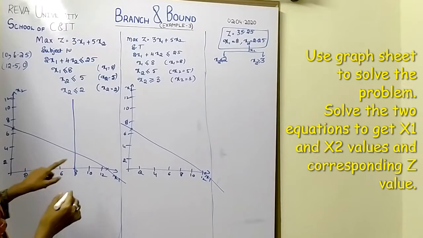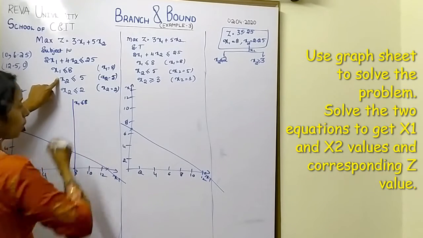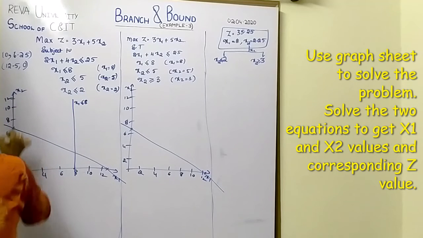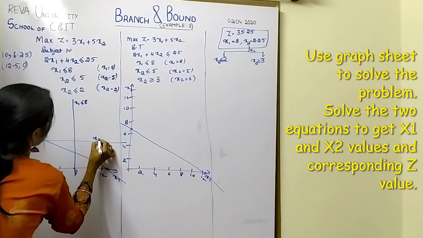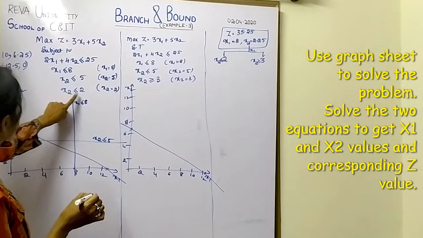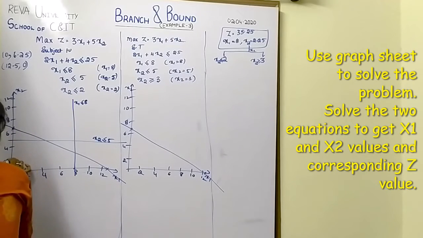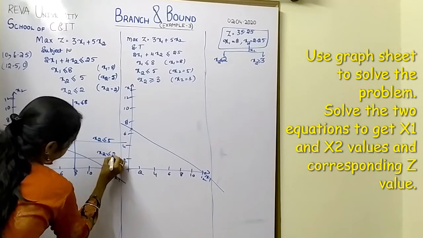So like this. This is x1 is less than or equal to 8. x2 equal to 5, so x2 will be less than or equal to 5. x2 again it is less than or equal to 2.